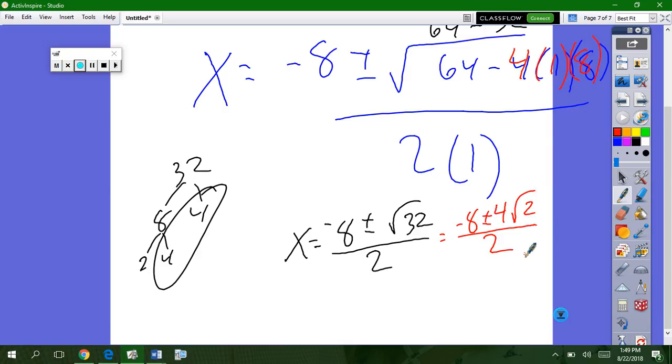Is that the same answer? Because we can continue to reduce. What do those guys all have in common? Hence, negative 4 plus or minus 2 root 2, which is the same result as I had, right?